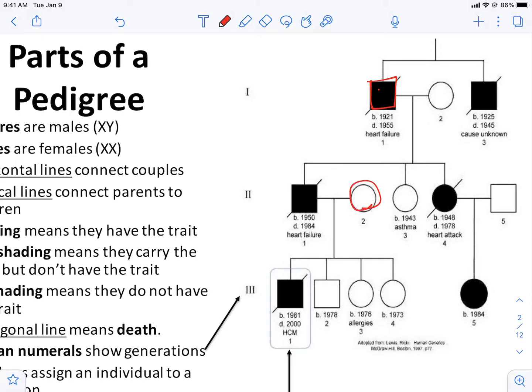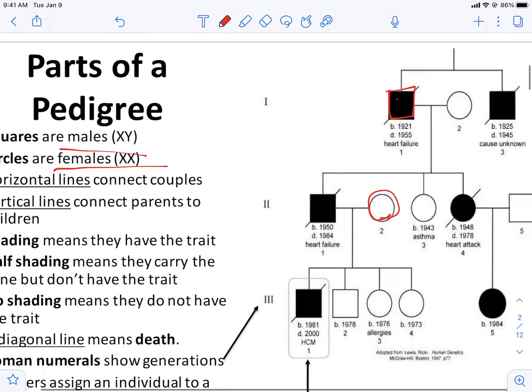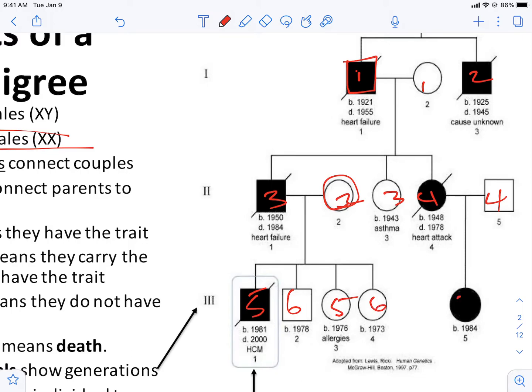The squares are males, the circles are females. So how many males do we see in this pedigree? 1, 2, 3, 4, 5, 6. So there's 6 males, then we got 1, 2, 3, 4, 5, 6, 7 females.